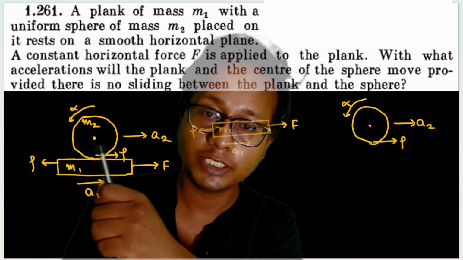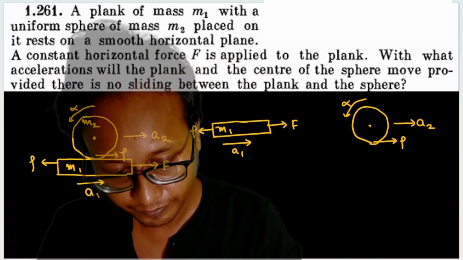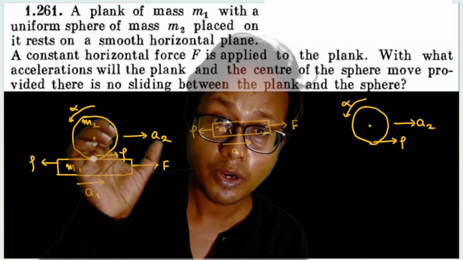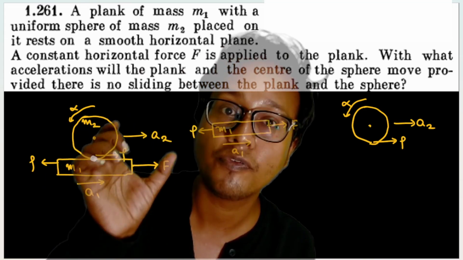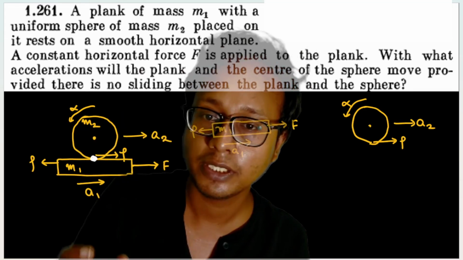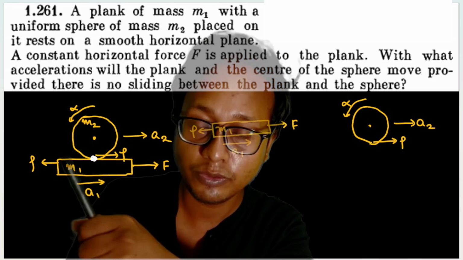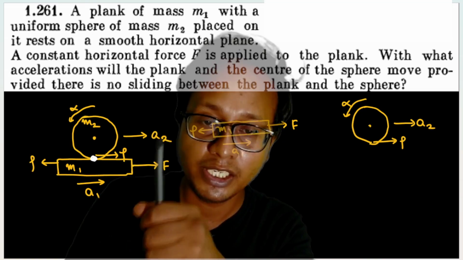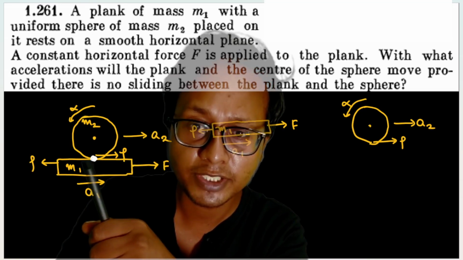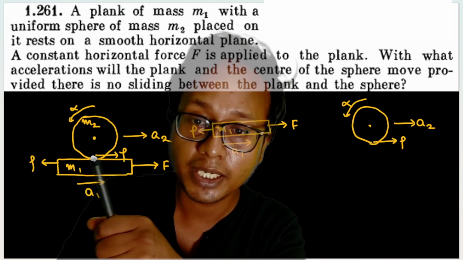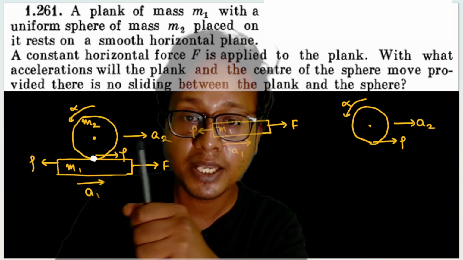See this white point here. Rolling motion is nothing but a combination of rotational motion plus linear motion. So what is the velocity of this point? The velocity of this point is the velocity due to the rotational component plus the velocity due to the linear component. Similarly, what is the acceleration of this point? It is the acceleration due to the rotational component, which is alpha into r, plus a2.